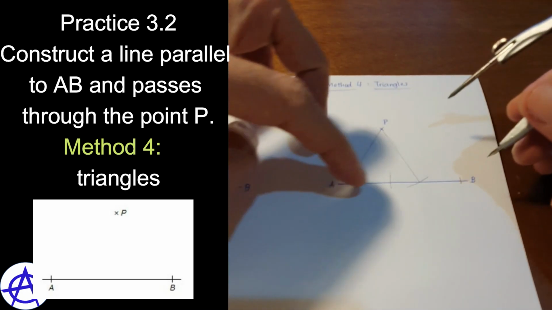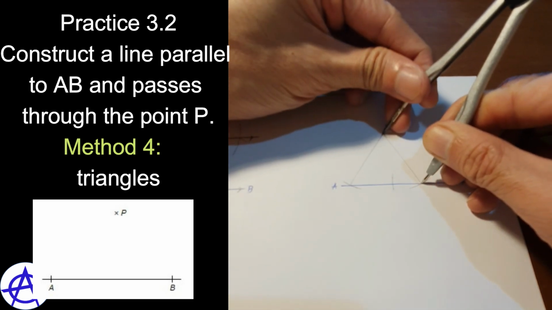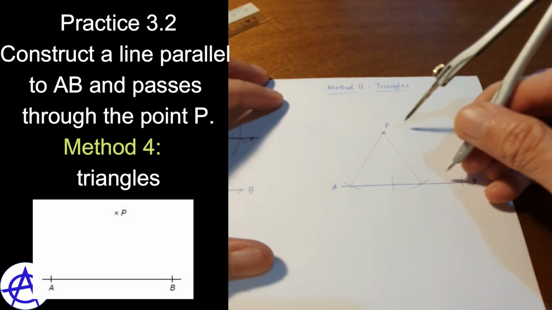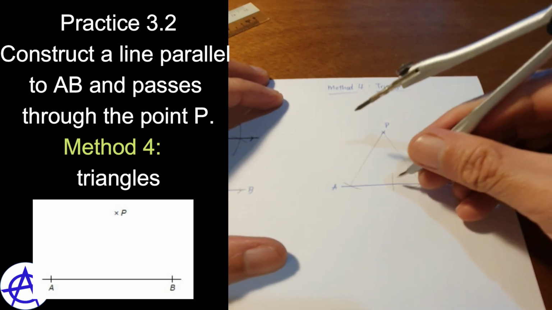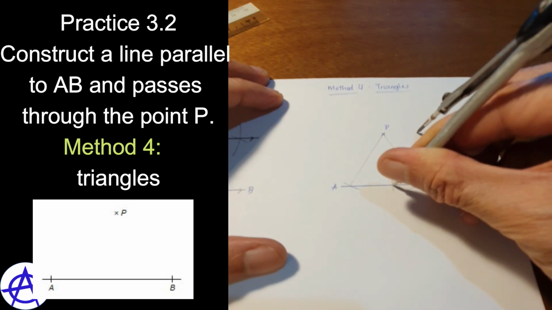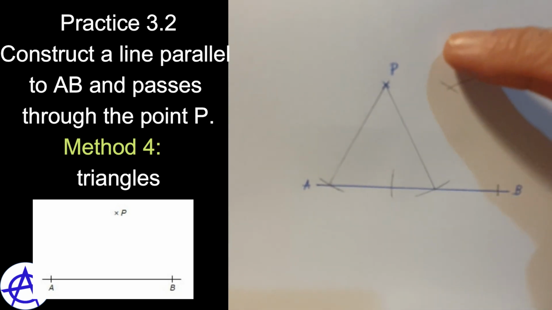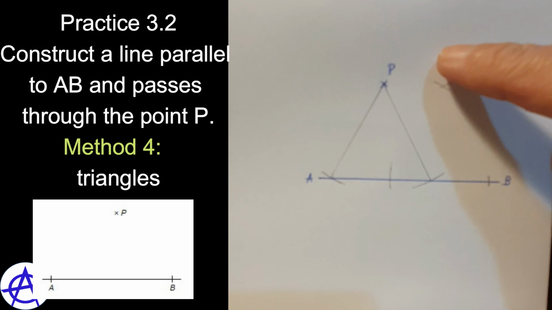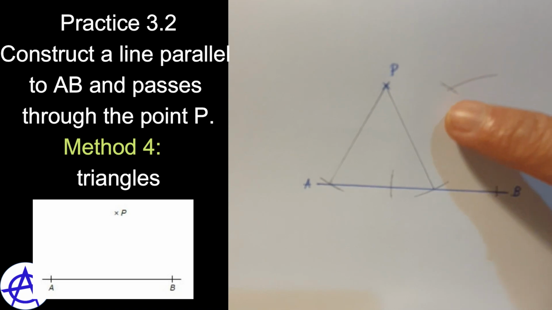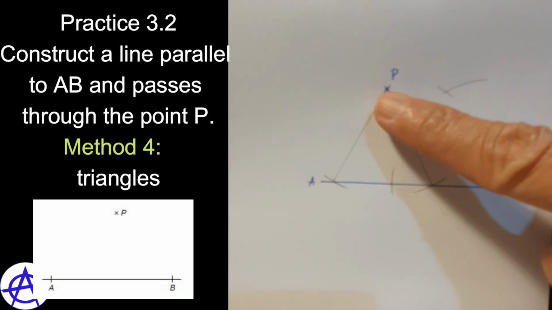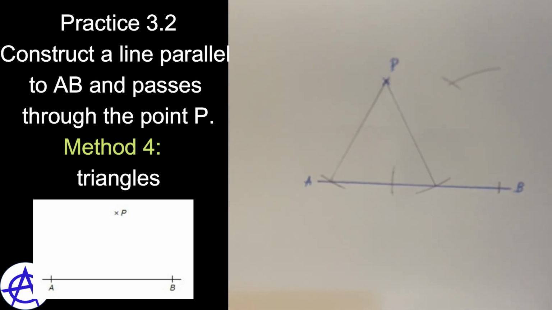Then I get the peak. I move over here, and similarly for this one, I just cut. If I join this, these two triangles will be the same, which means they will have the same height. So I just join P to this point and extend the line, and it will be the line parallel to this AB.